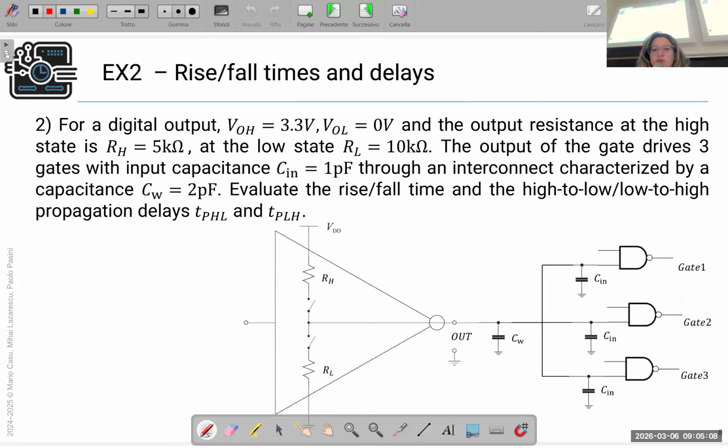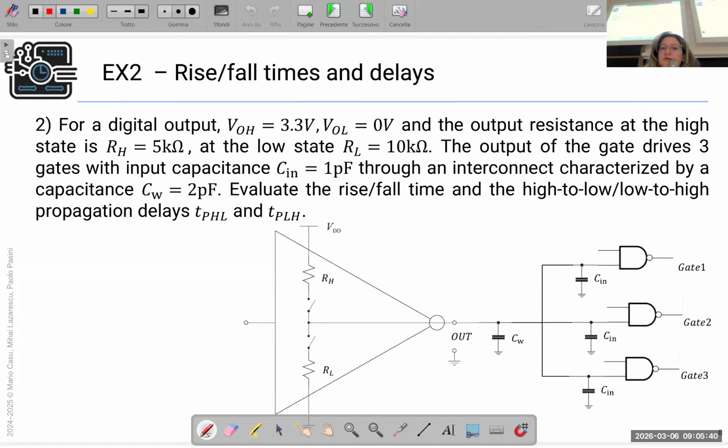So now let's move on to the second exercise, which is a little bit on another level than the first. For a digital output, the output voltage at the high level is 3.3 volt, and the output voltage at the low level is 0 volt. The output resistance at the high state is 5 kilo ohm.